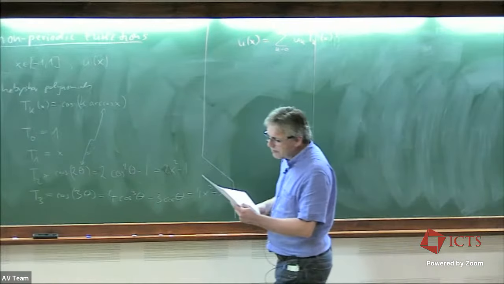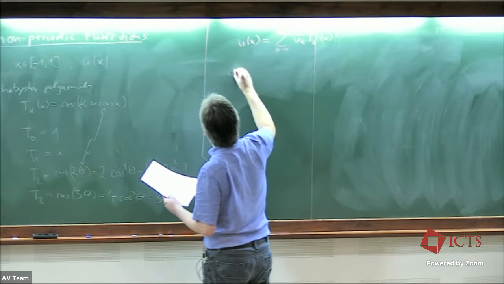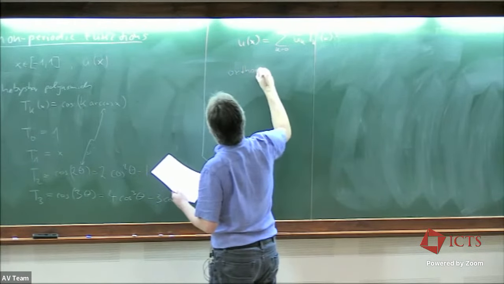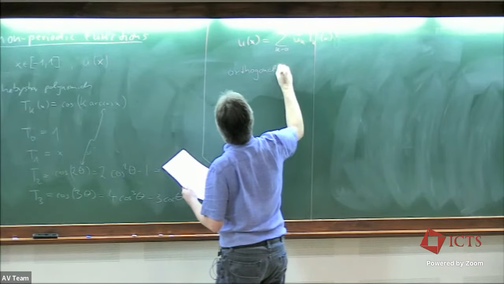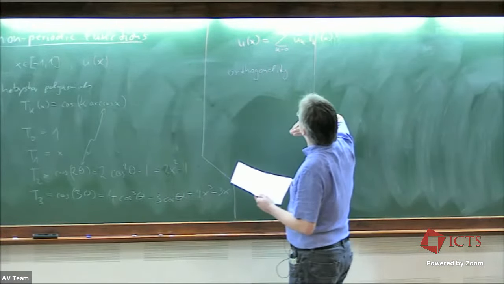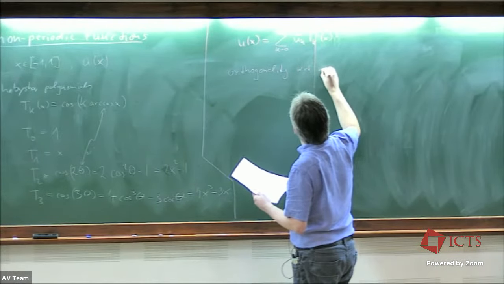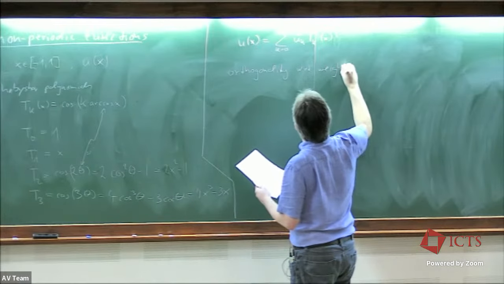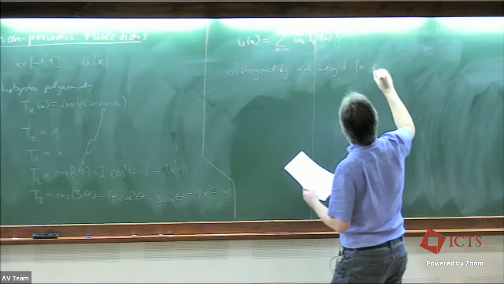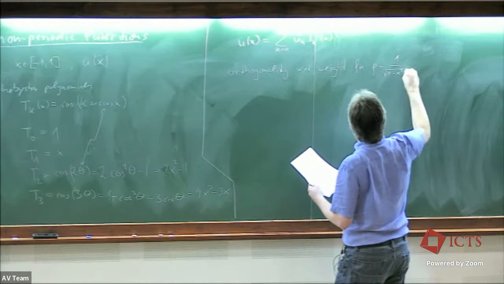The suitable second function for Chebyshev polynomials comes about because of their orthogonality. Chebyshev functions are orthogonal with respect to a weight function rho equals 1 over the square root of 1 minus x squared.